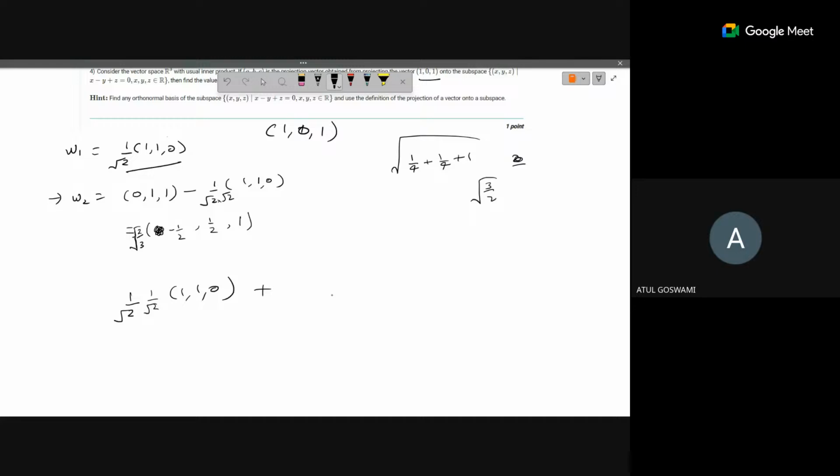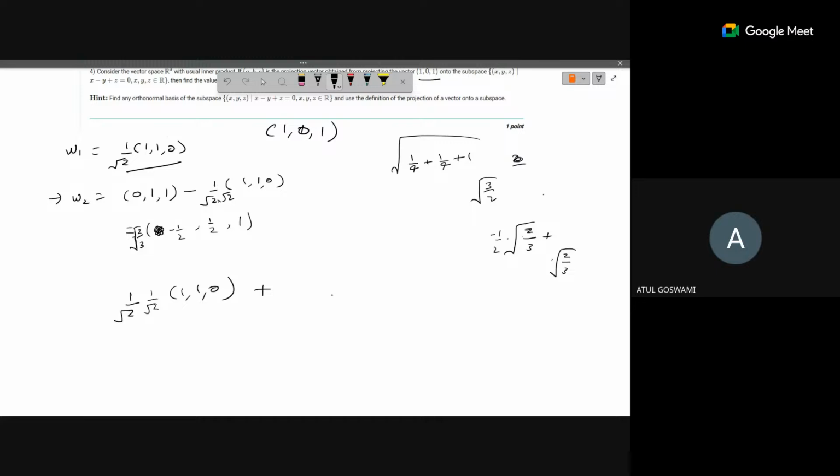So take the dot product with this, which would be root of 2 by 3, and minus 1 by 2 is multiplied here, minus 1 by 2, plus the second component is 0, and the third one is plus 2 by 3 times 1.